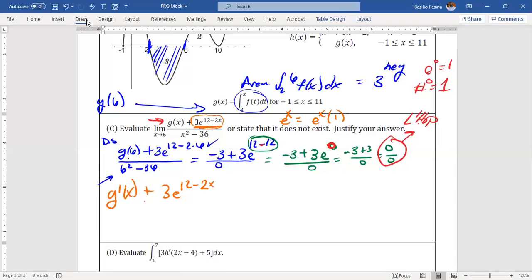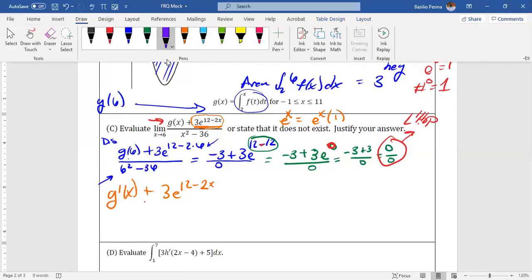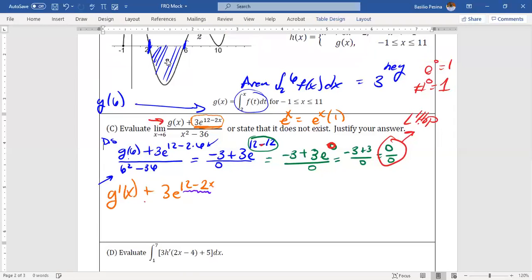But then you derive the exponent, which is this right here. So the derivative of this exponent is negative 2. Is that okay with you guys? And then the derivative of the denominator is 2x, because x squared becomes 2x. A constant becomes 0 if I derive it.